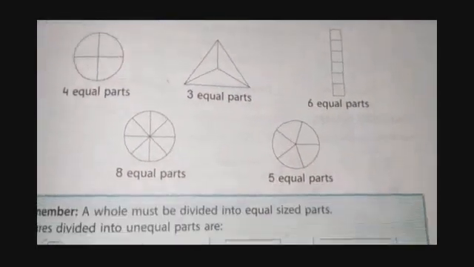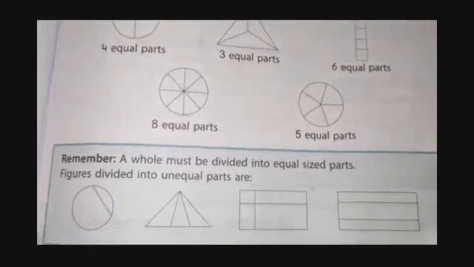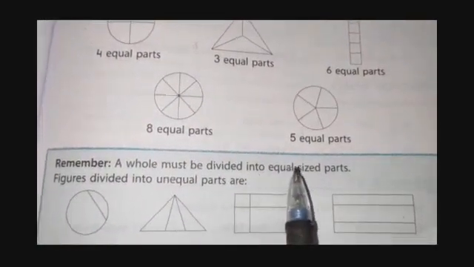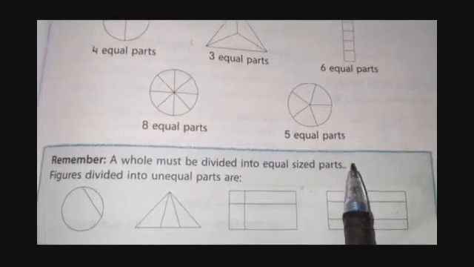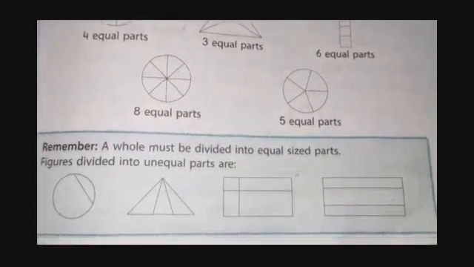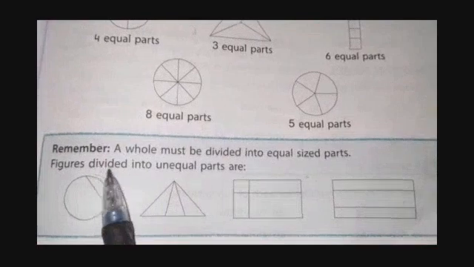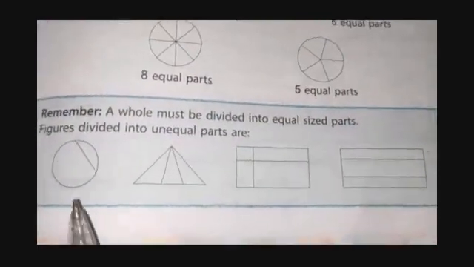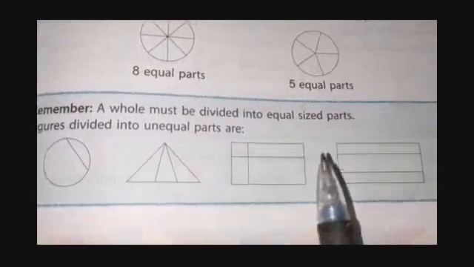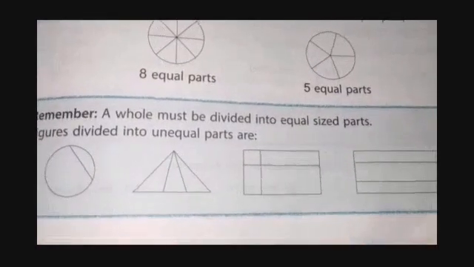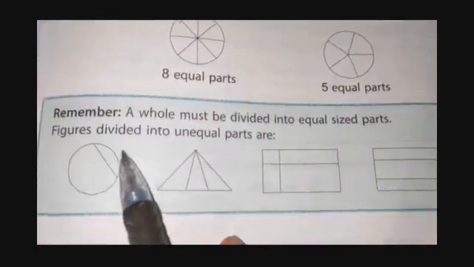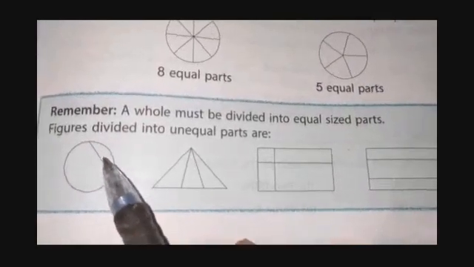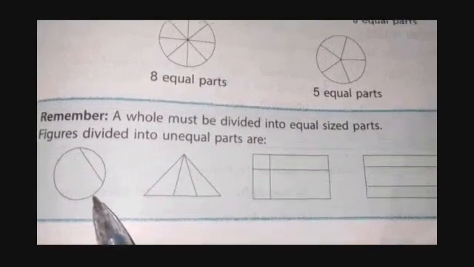Okay children, let us see what is given. Remember, a whole must be divided into equal sized parts. This has already been explained to you. These given figures are not equally divided. This circle is divided into 2 parts, but these parts are not equal.